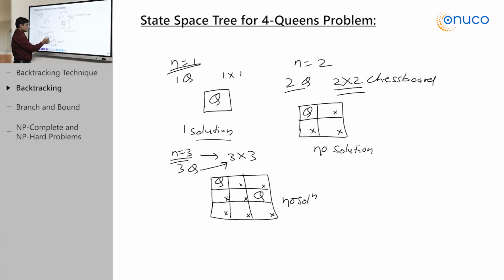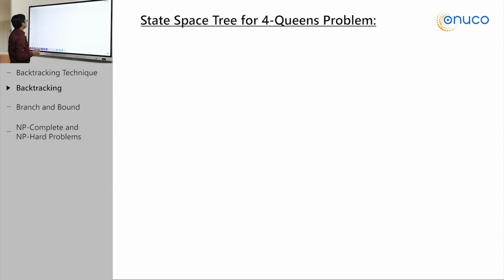We can start from the second place or from the third place. I will discuss that in the normal state space tree for the 4 queen problem. These all are the basic things we are going to discuss. Now let us discuss the state space tree for 4 queens. We can see that this is our normal 4 by 4 chessboard.